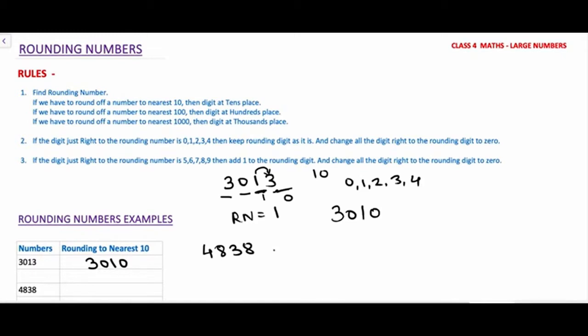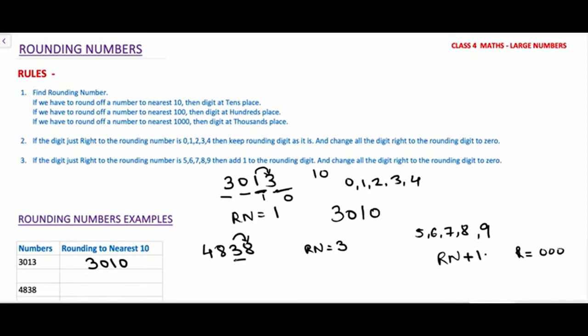Let's take one more example. 4838. Round off this number to the nearest 10. So 3 is the rounding number because the 3 is at the tens place. Now the digit right to the rounding number is 8. According to rule number 3, if the digit right to the rounding number is 5, 6, 7, 8 or 9, then you have to add 1 to the rounding number and change all the right side digits to 0.